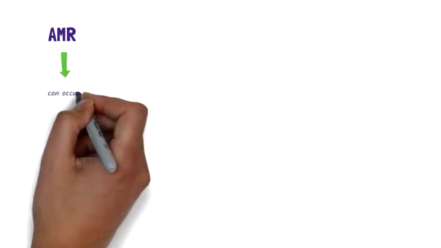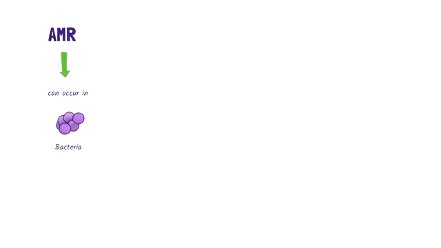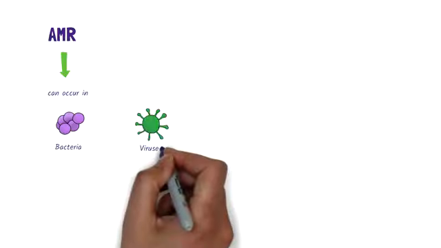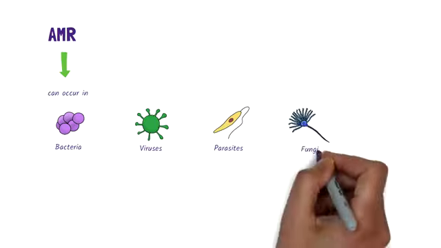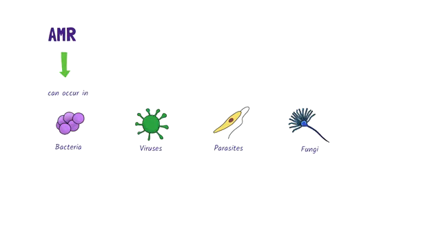AMR can occur in bacteria, such as Staphylococcus aureus and Mycobacterium tuberculosis, viruses, such as influenza and HIV, parasites, such as Plasmodium falciparum that causes malaria and Leishmania species that cause leishmaniasis, and fungi, such as Candida auris and Aspergillus.